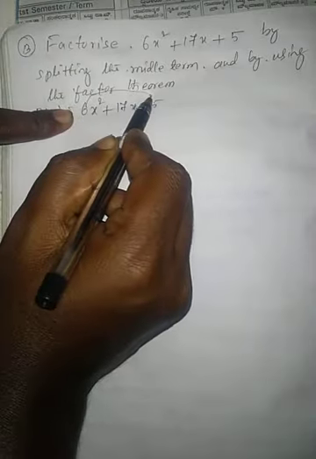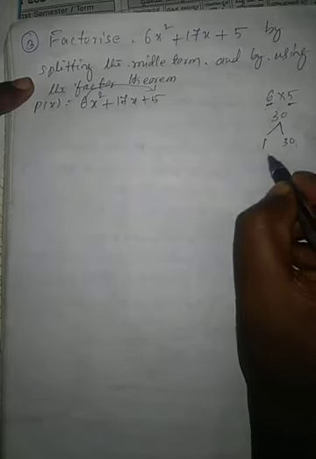The coefficient of x squared is other than 1, so you have to multiply this 6 to the last constant, that is 5. That is, you take 6 into 5, the first coefficient of x squared and the last term. So 6 into 5 is 30.